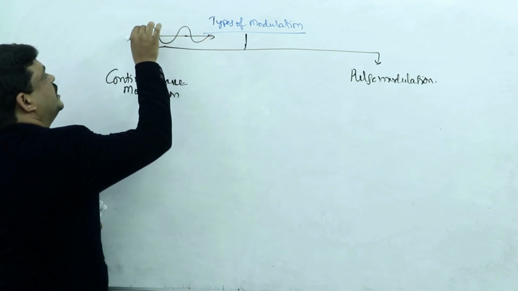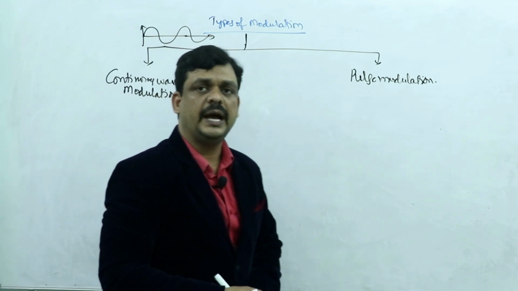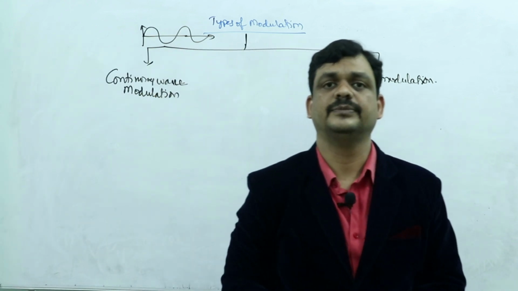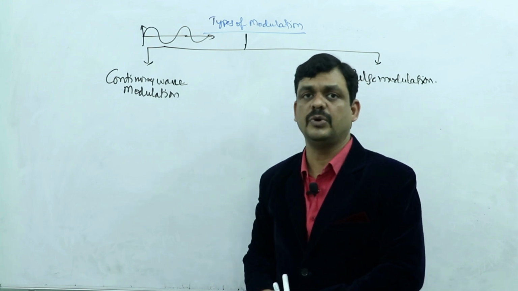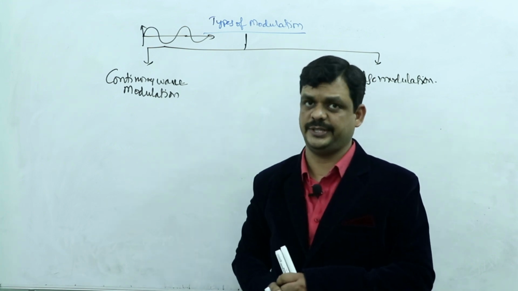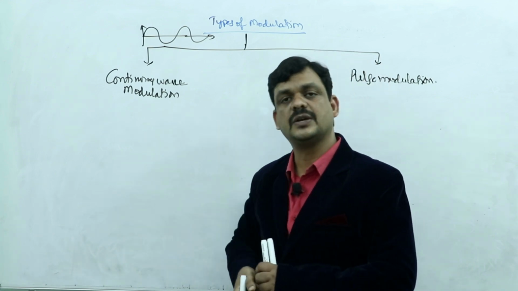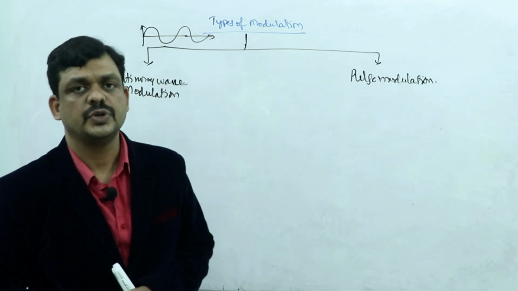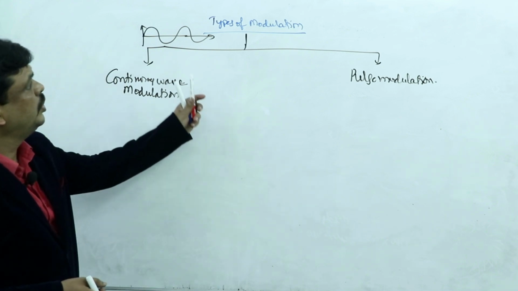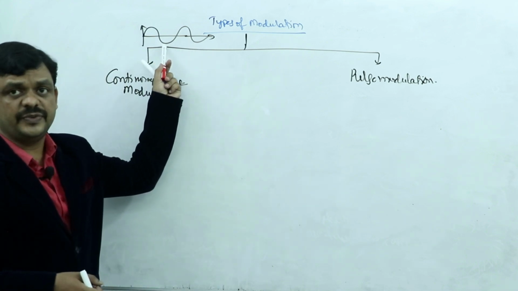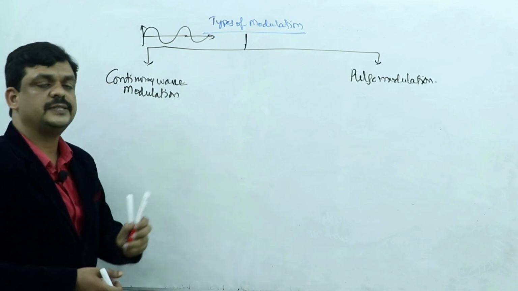This is considered a continuous wave signal. The amplitude and the time both are in continuous representation, both have an infinite number of combinations. Then the signal is called a continuous wave signal, a continuous time signal.